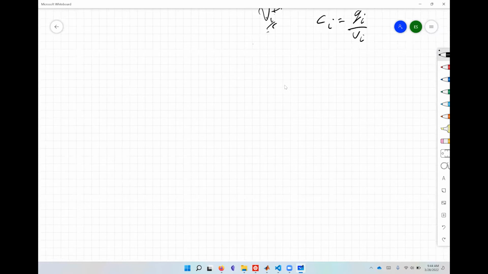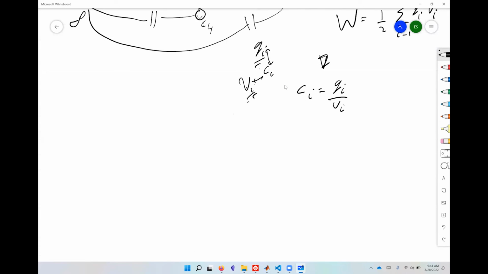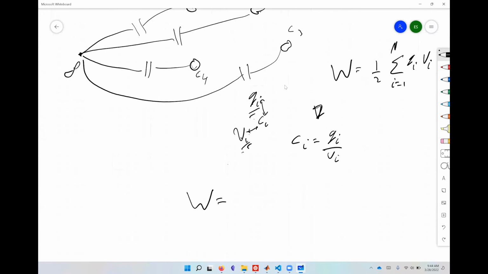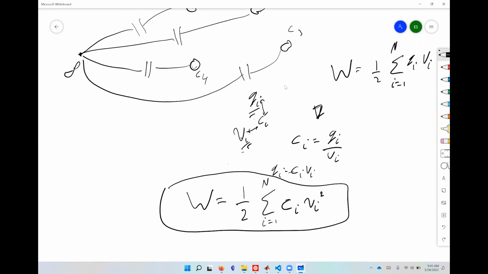It establishes this connection between V and Q. So I can rewrite W. Let's say I know the voltages for each object, but I don't know the charges. Then I can say Qi equals Ci Vi. So the energy equals half the sum from i equals 1 to n, and instead of Qi, put Ci Vi. So this becomes Ci Vi squared. So I have an alternate equation for the energy that only uses the voltage.